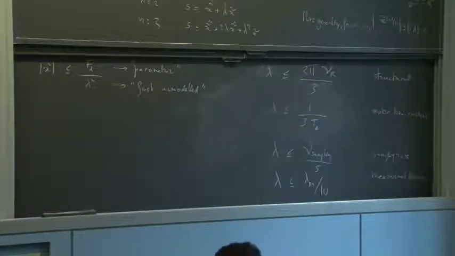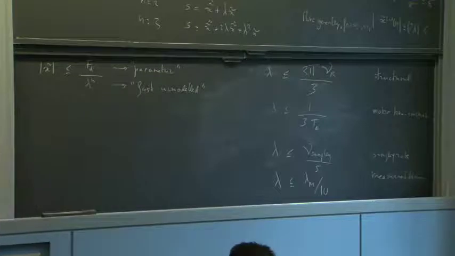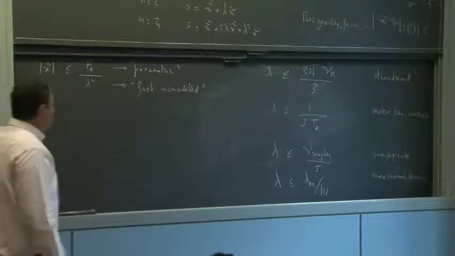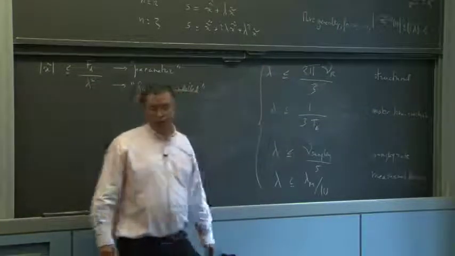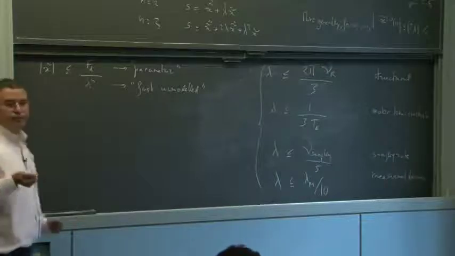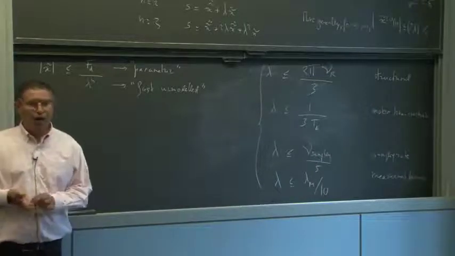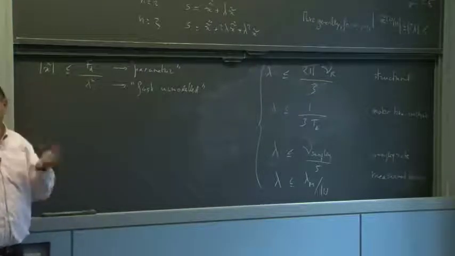So lambda m would be the sensor dynamics, or similarly a state observer dynamics. So you have a few bounds like this, and lambda has to satisfy all these bounds.